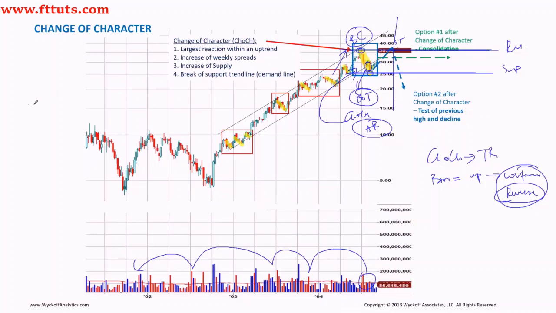And as we've talked about, secondary tests to the selling climax, there are three types.